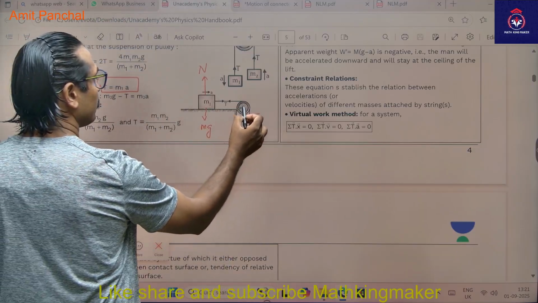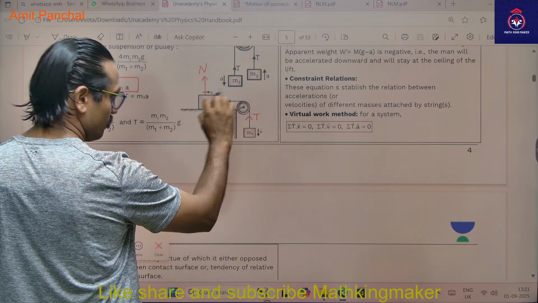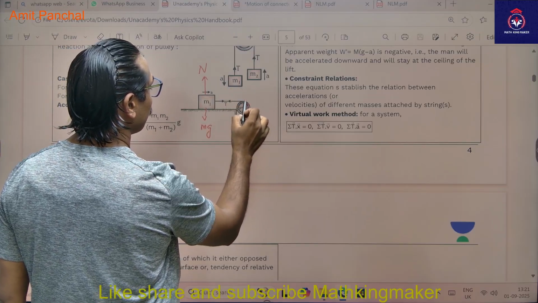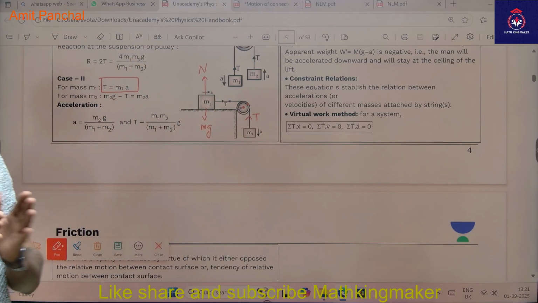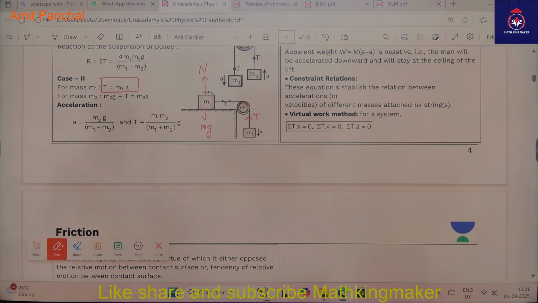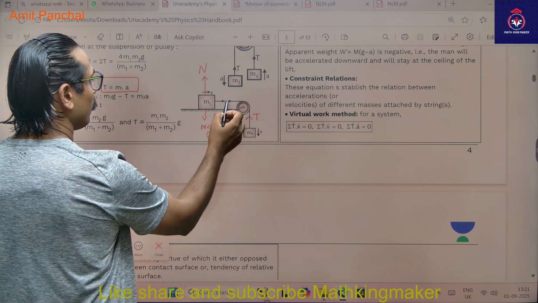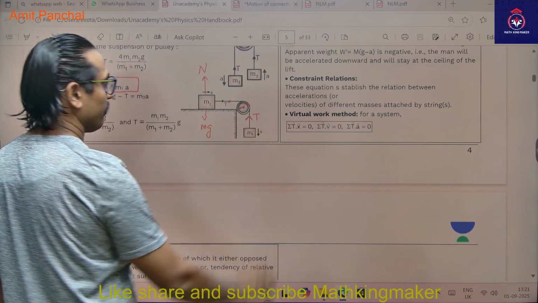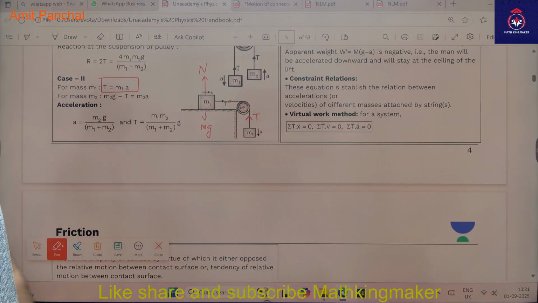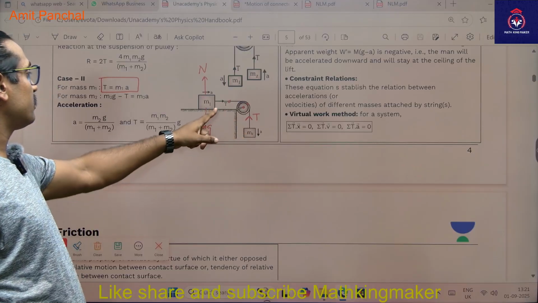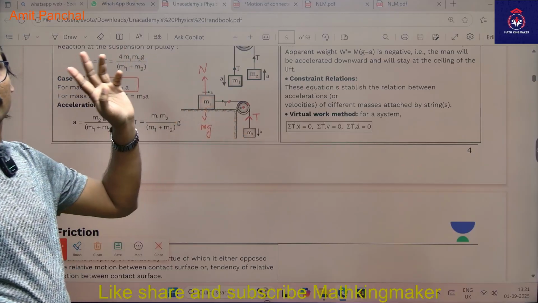This string is attached to this pulley, so that tension will be towards the pulley. So this notation must be here. This is tension caused by m2 mass and this is tension caused by m1 mass.